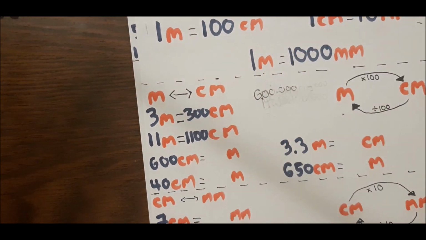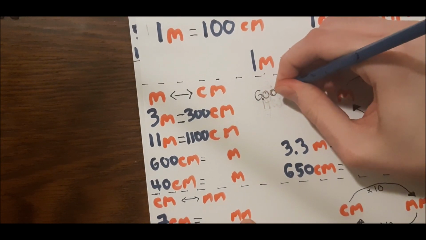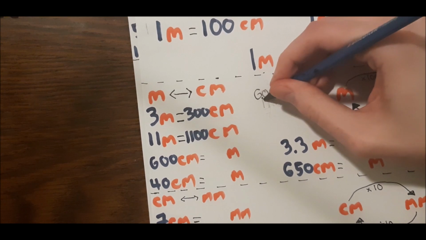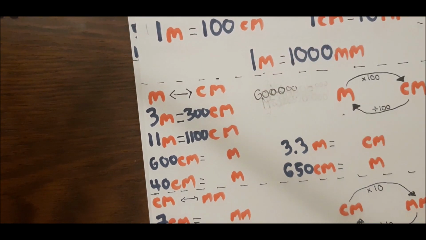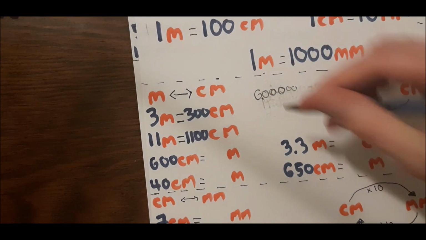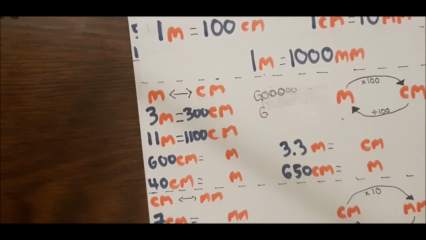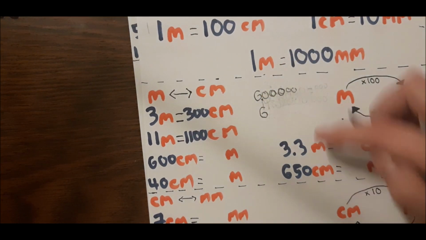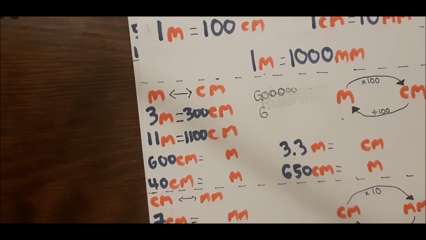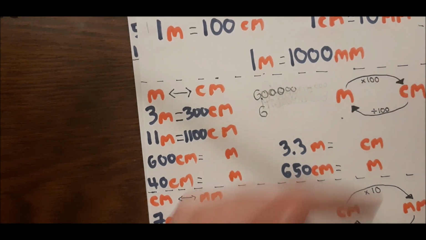And now, all of a sudden, we have 6 decimal 00000, or in other words, 6 decimal zeros is the same as 6, right? Decimal trick's really useful there, because if you can't do it in your head, all you gotta do is move the decimal 2 spots to the left, 2 spots to the right, and you get your answer. If you're multiplying, you move it to the right.